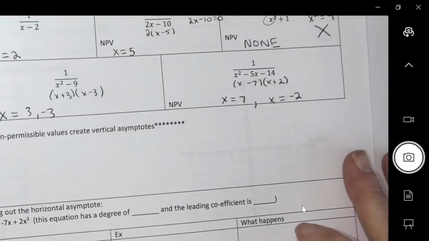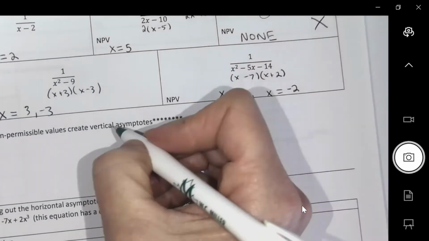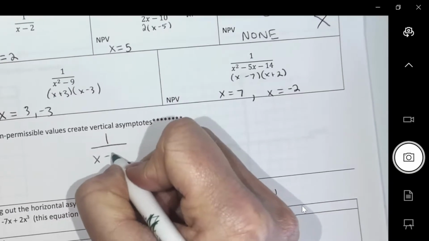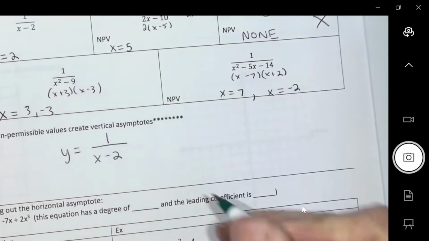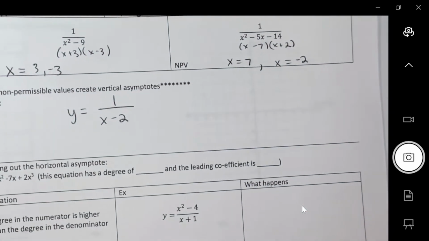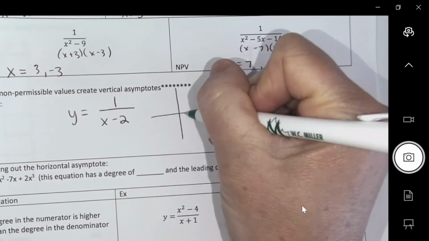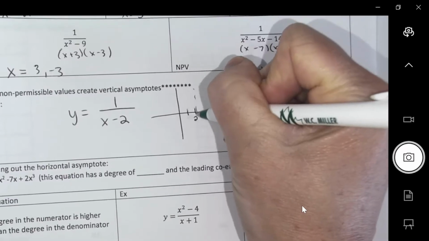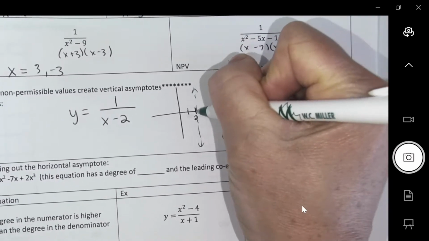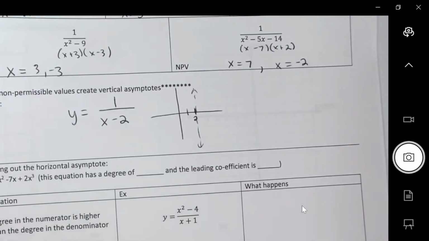Okay, when you have something like this, it will create a vertical asymptote. The non-permitted value, if x is not to be that, it's going to create an asymptote there.